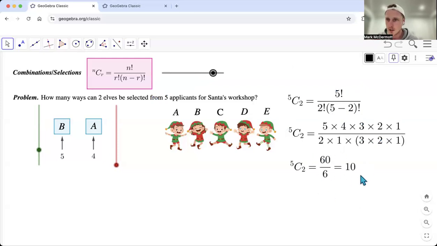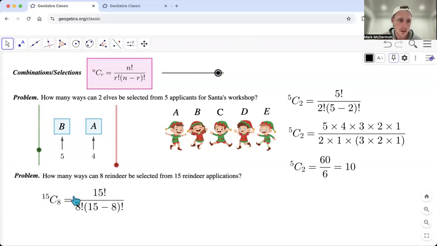You'll get 60 over 6, which is 10, which should make a lot of sense because there's 20 ways you can arrange the elves where A and B and B and A are 2 separate things, but then there's half of that, in this case, ways to select them where the order doesn't matter. Okay, hopefully that's making sense.